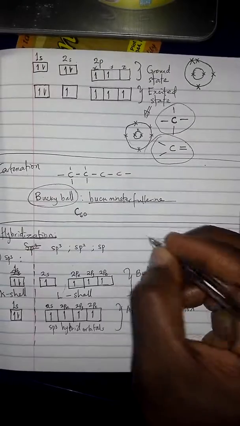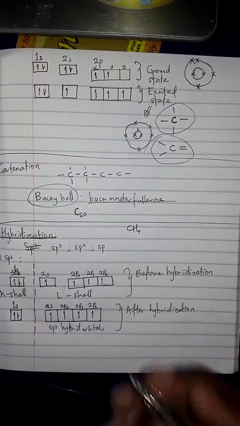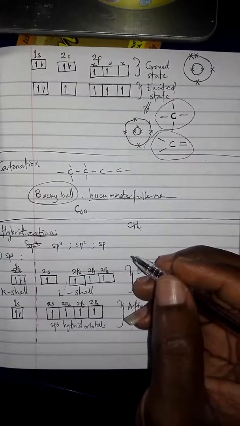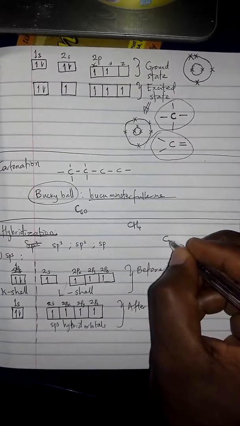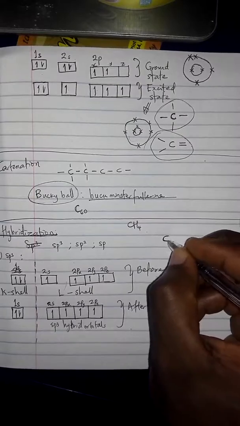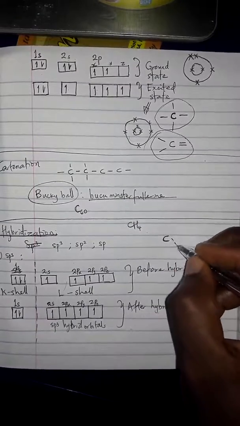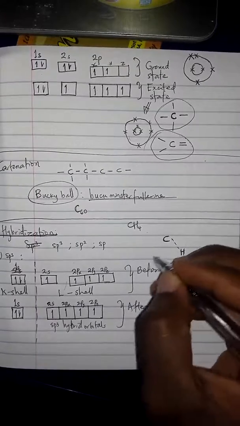For instance, when you have methane, you get to know why this is methane as we proceed in this discussion. Its shape is something that looks like this, a 3D diagram. The hydrogen is going to be like this.